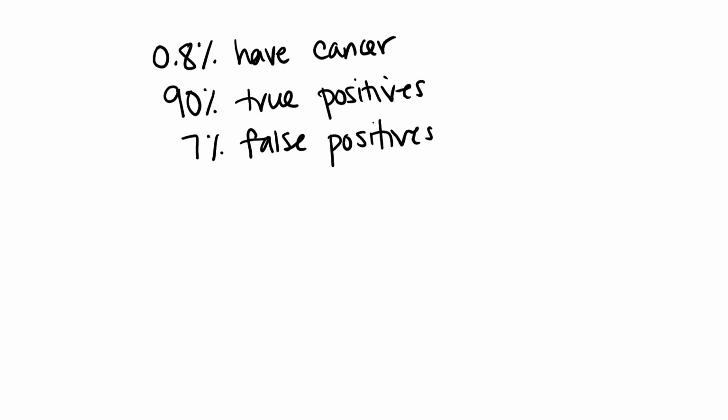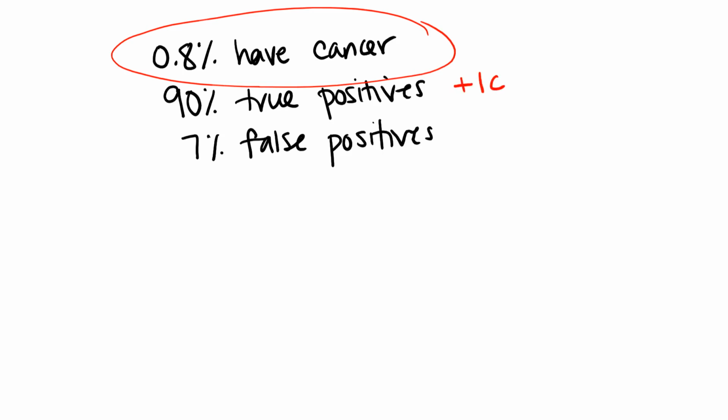So here are those details again. We were told that in the low-risk group, only 0.8% have cancer, 90% of people with cancer had a positive mammogram result, and 7% of the people without breast cancer still had a positive mammogram result. So if we wanted to set this up as a tree, we would be using the actual true percentage of having cancer as our first splitting point, because this was positive given cancer and this was negative given cancer, if I want to use probability notation.